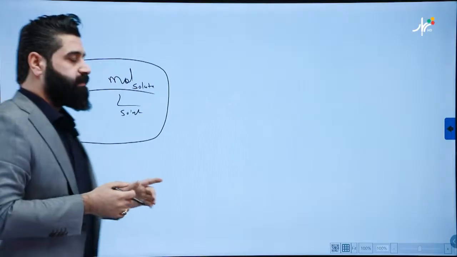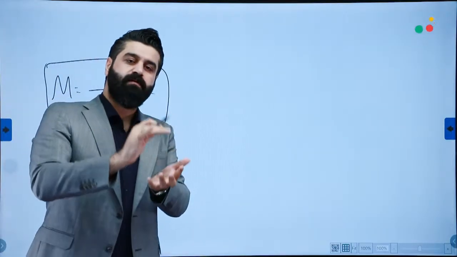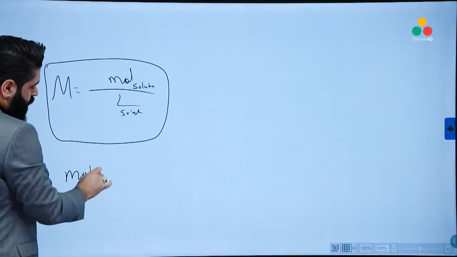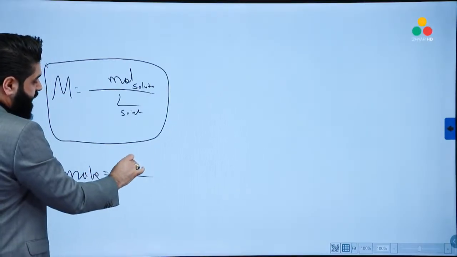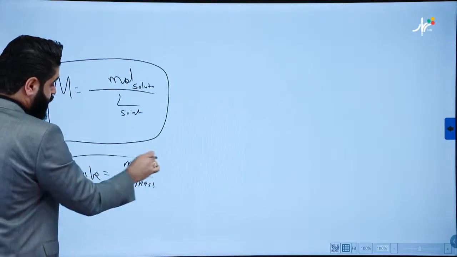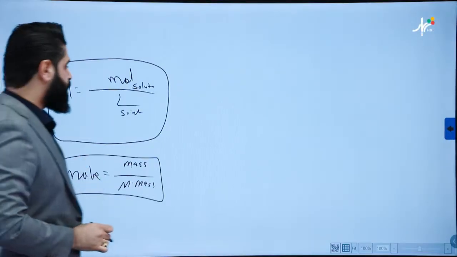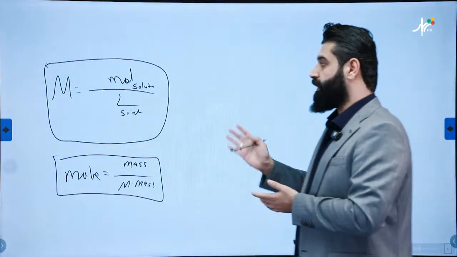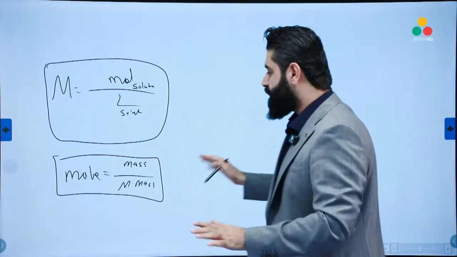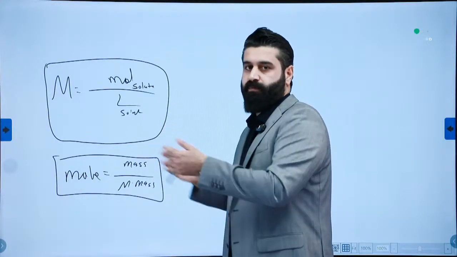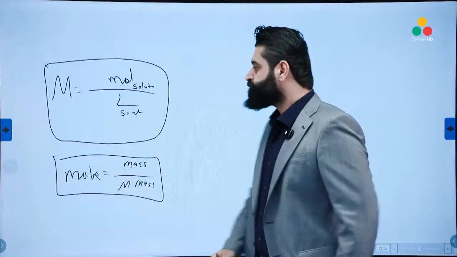Repeat this after me: molarity, mole over liter. How about the mole number? Mole equals mass per molar mass. Nice. These are the two rules that always come together, like son and father. Anywhere we have mole number, it's okay to have something like molarity, then we will make some conversion between them.